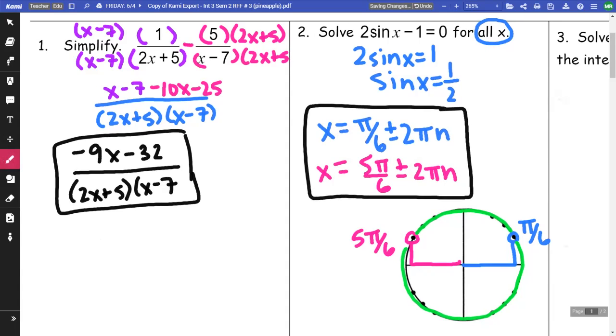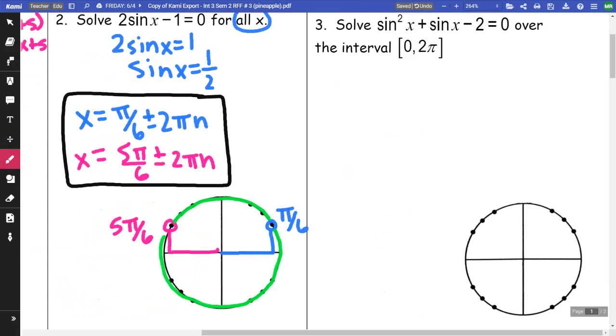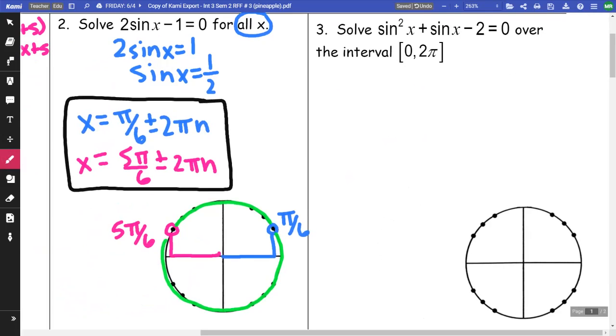On number 3, this one is another one like this, but I have a sine squared, a sine x, and then a constant. This one I'm going to factor, okay? And because I have a sine squared in front, I know I'm going to have a sine x times a sine x.